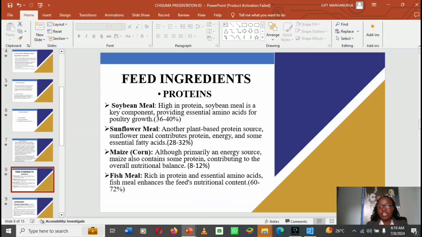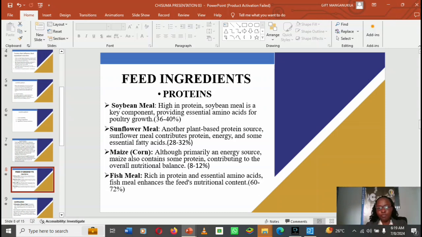We said each of the ingredients has a particular nutrient. These ingredients can have not only one particular nutrient but a lot, but each is known for one because that is the nutrient it has the most of. We've spoken about proteins, carbohydrates, and minerals and vitamins.